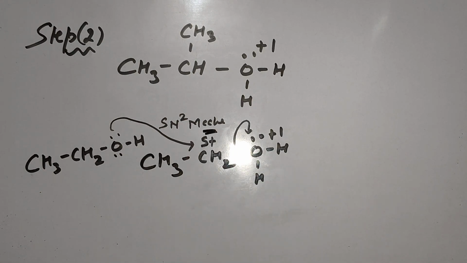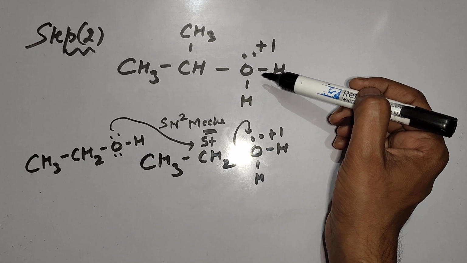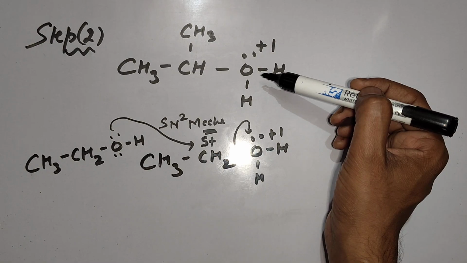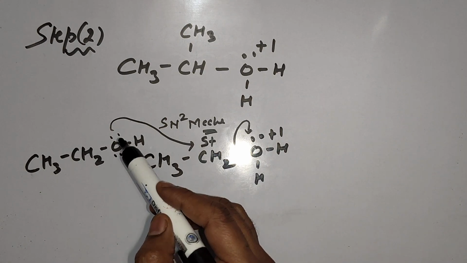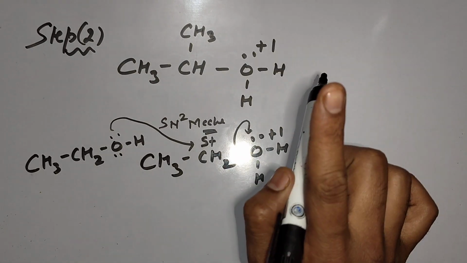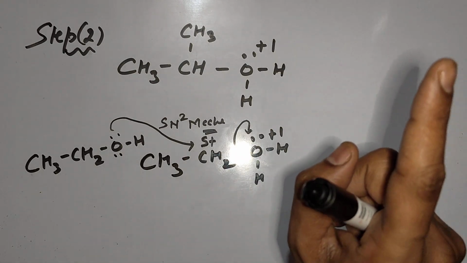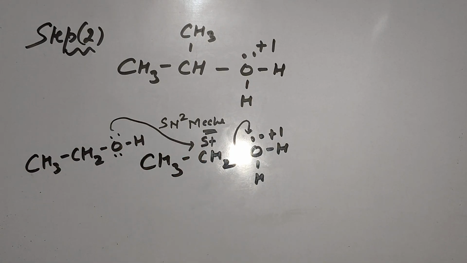But here with 2 degree and 3 degree alcohols, such a mechanism will not be involved. Only this is the difference. 1 degree alcohols are able to show the SN2 mechanism, but 2 degree and 3 degree alcohols will not show SN2 mechanism, meaning a backside attack from another molecule.